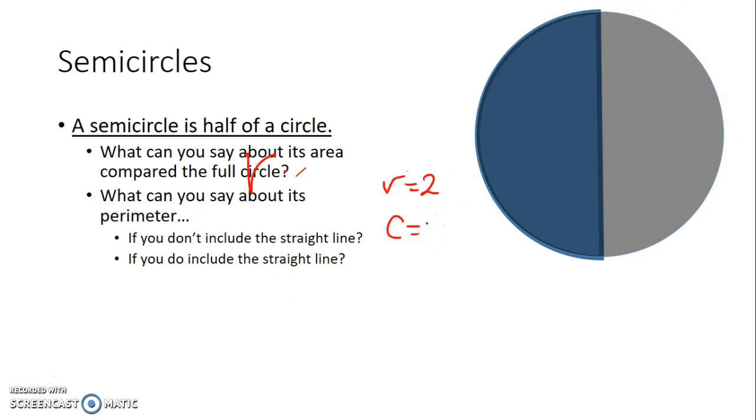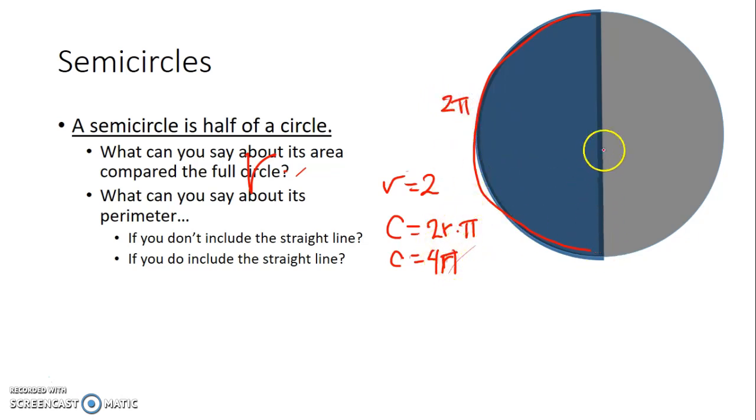Our formula is that the circumference is 2 times the radius times pi, or just the diameter times pi. So in this case, if the radius is 2, our circumference would be 4 pi. But that's going all the way around. So what would be just this part? Well, this part would be 2 pi, half of the full circle.